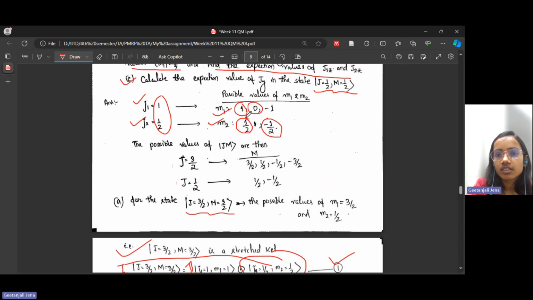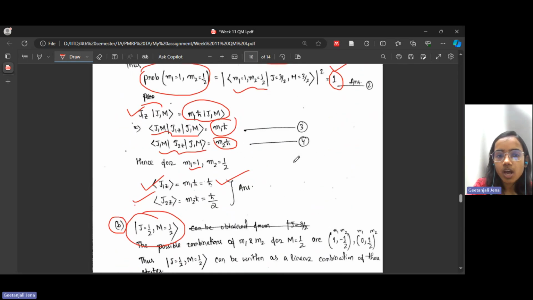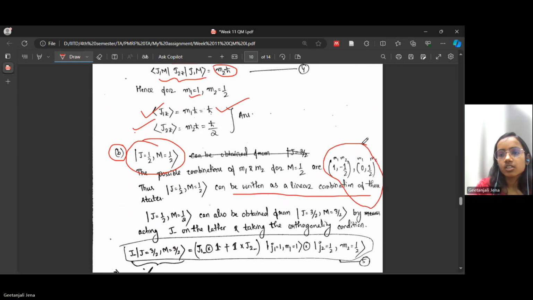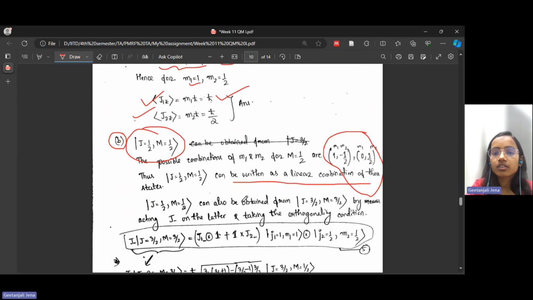So that means this state with J equal to half and M equal to half, you can write as a linear combination of these two uncoupled states, right? Now, what you have to do?